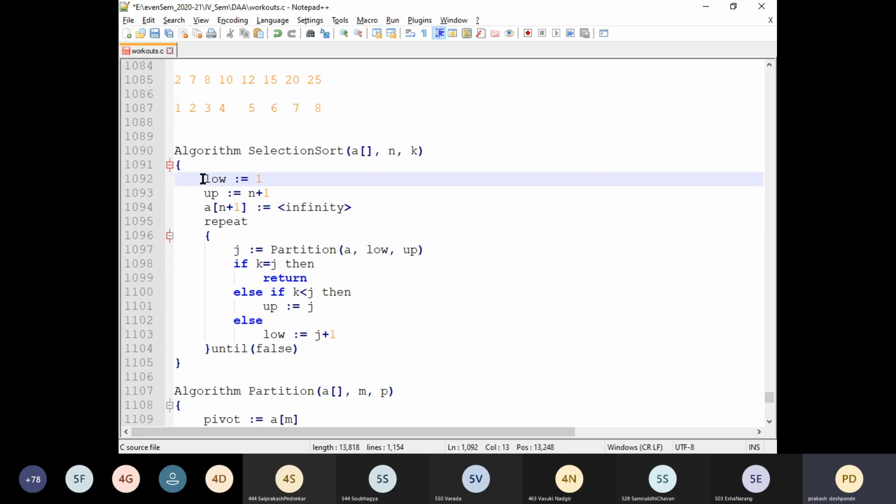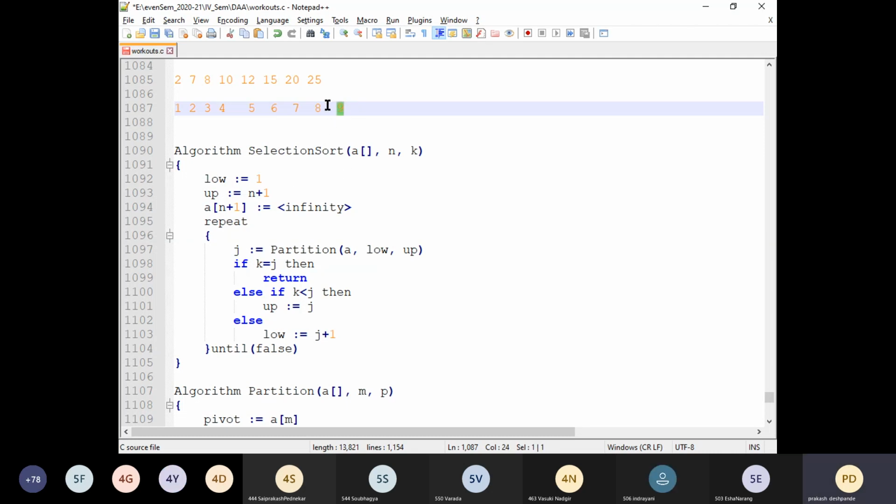Now we take certain values here, low and up. Low means the first position, and up means n plus 1. There are only n elements, but we take one more additional position as up, holding the total number of elements plus 1. That means after 8, there will be one more position, 9.